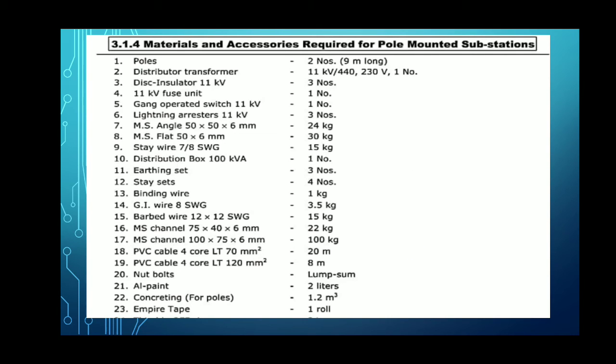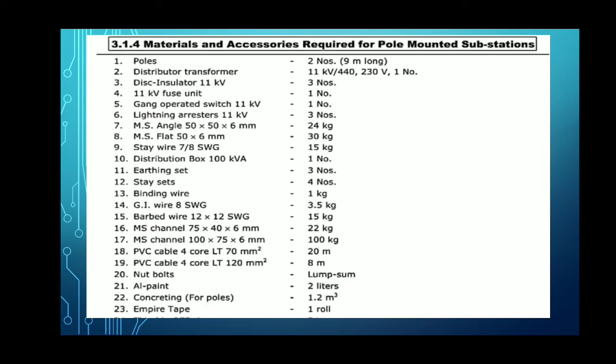Now we have to see which materials and accessories are required for the pole mounted substation. The list of materials and accessories is given here. Two poles may be required, and the length of each pole is 9 meter. Then one distributor transformer, 11 kV by 440 volt, 230 volt.